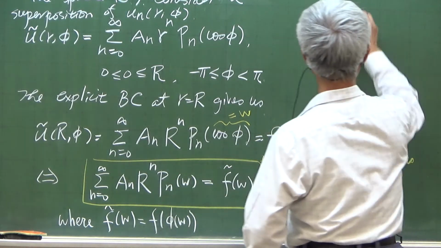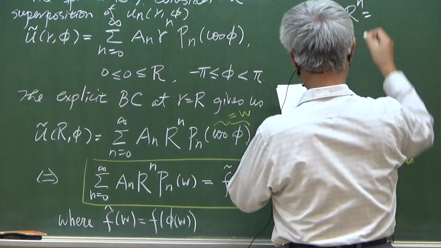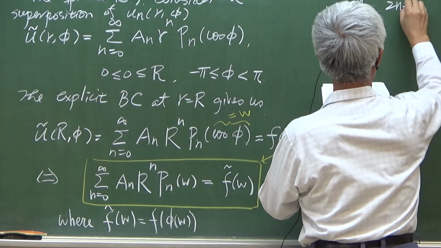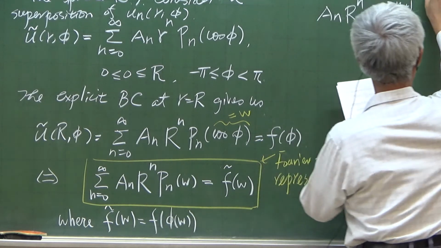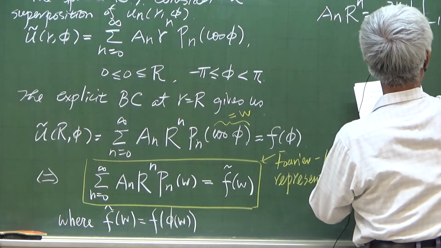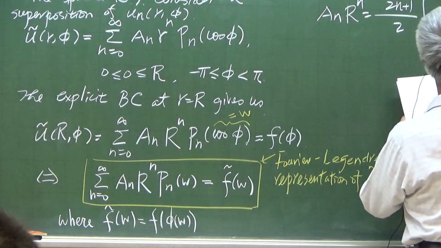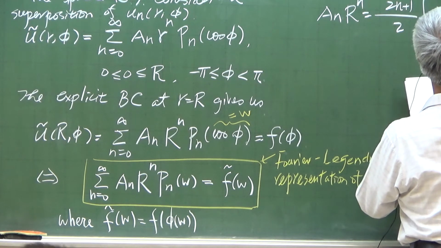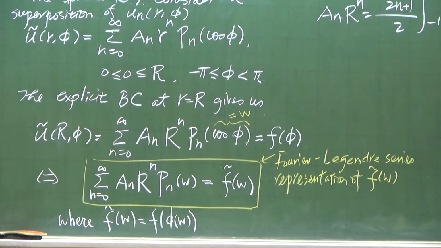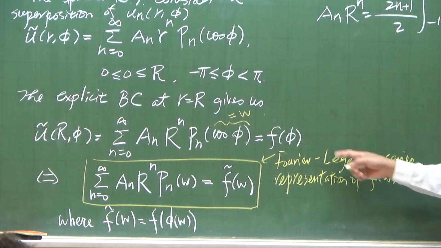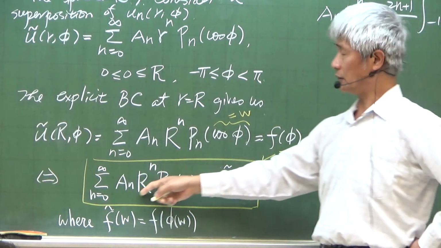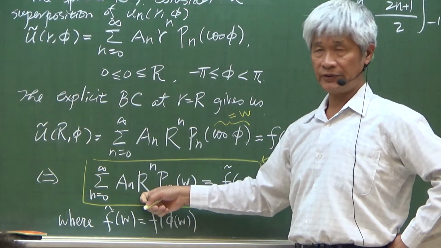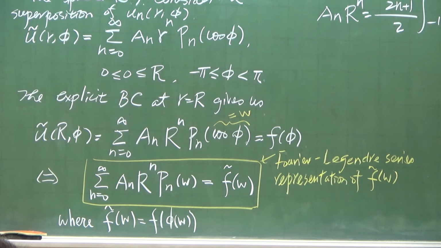So an R to the n is actually equal to 2n plus 1 divided by 2, integral from minus 1 to 1 of F tilde w Pn w dw. Okay, so this is our formula to find the coefficients. Remember that? This is the formula.